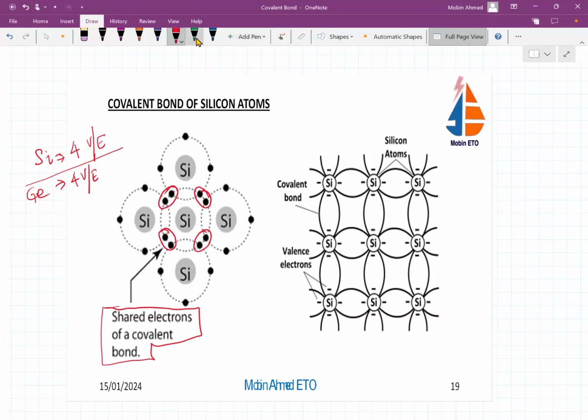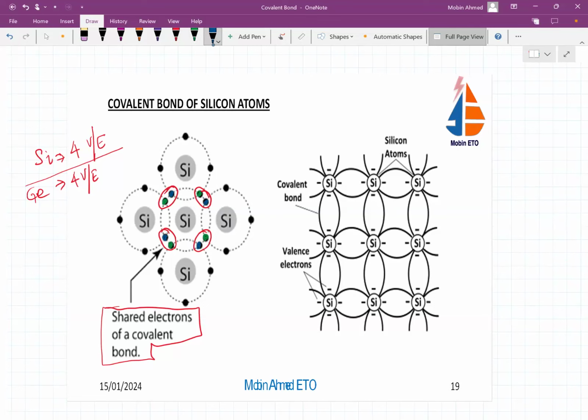So in this one, if you see, this silicon has its own four valence electrons. And it is taking nearby silicon, so it is making a bond with that one here. So this silicon will become stable.